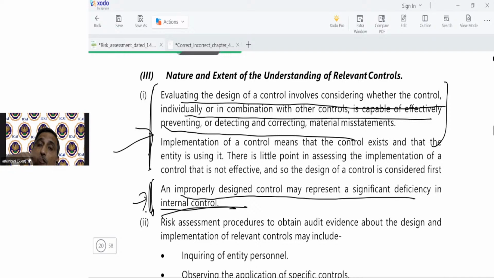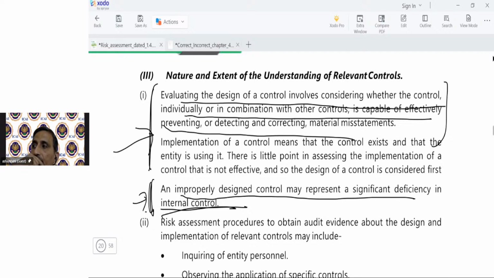He would design his audit procedures in such a way as to dig out material misstatements, the possibility of which is there. If he is able to dig out material misstatements because of inefficient control systems, then only will he be in a position to modify his opinion.